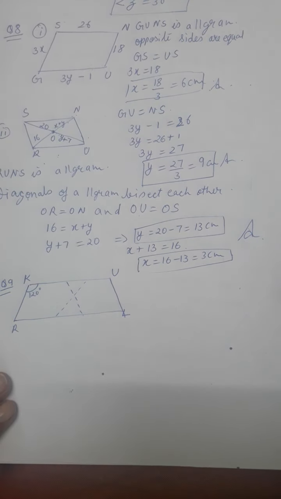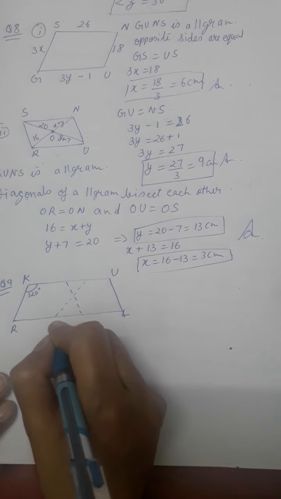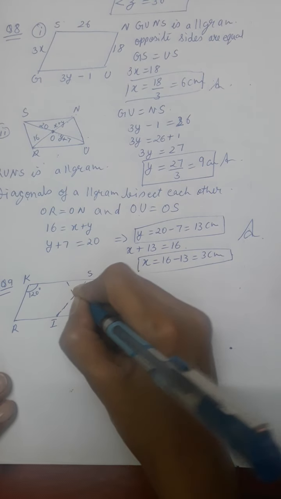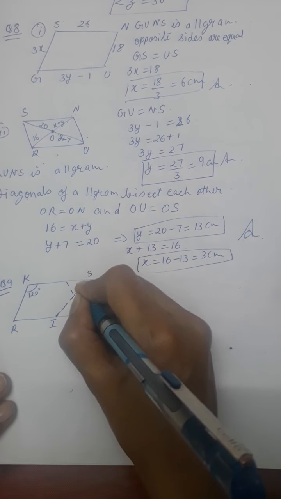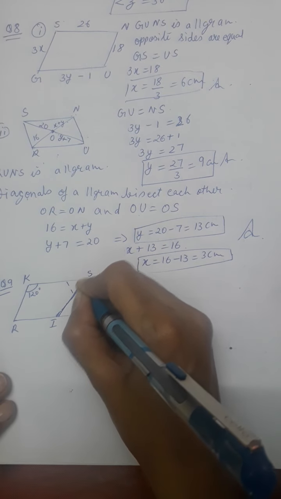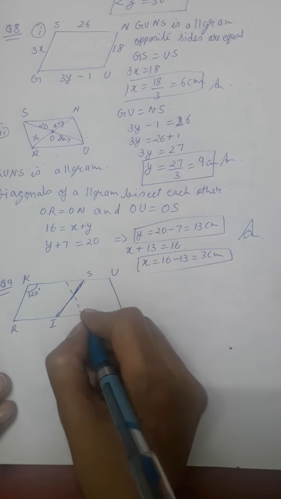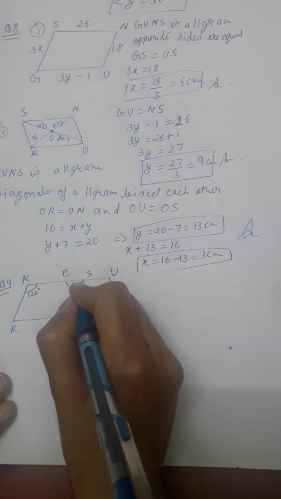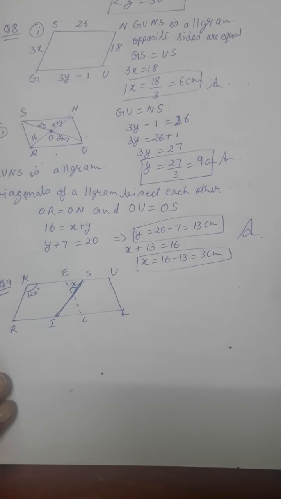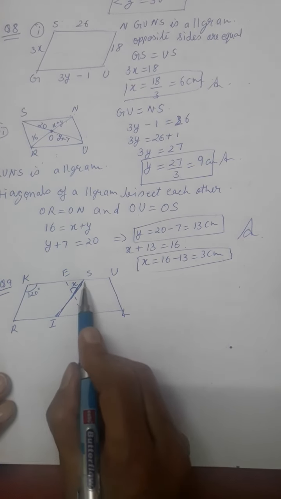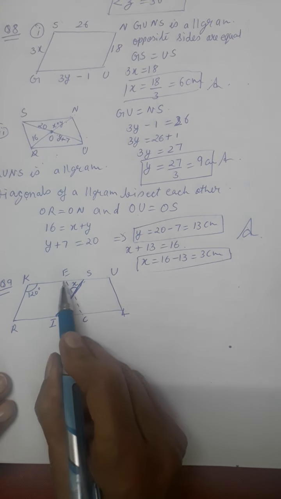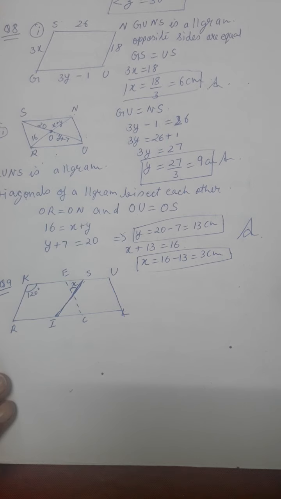Here this measure is given 120 degree, and this is I, S, and this is another C, E. Okay, and this is x. In the above figure, RISK is given as one of the parallelograms. CLUE is another parallelogram, and you are supposed to find the value of x.